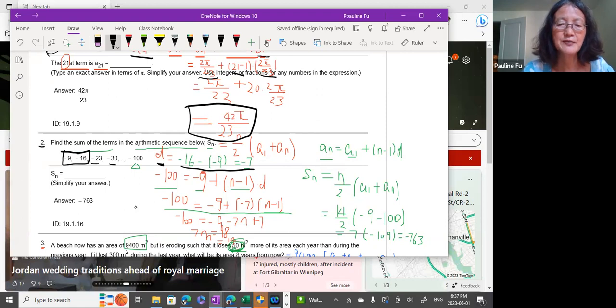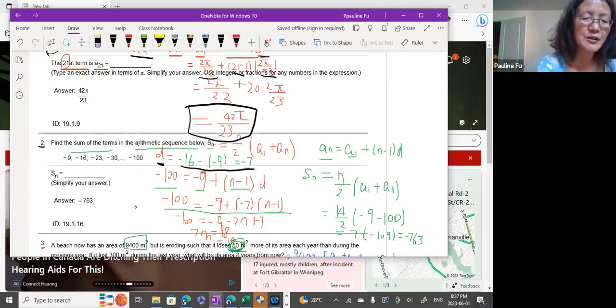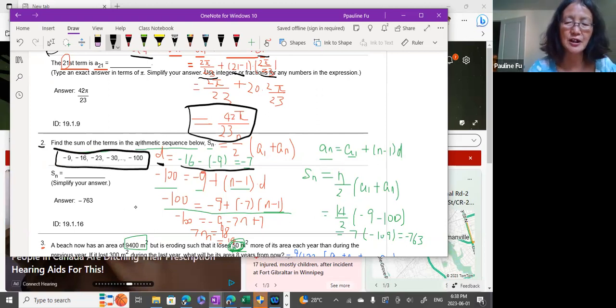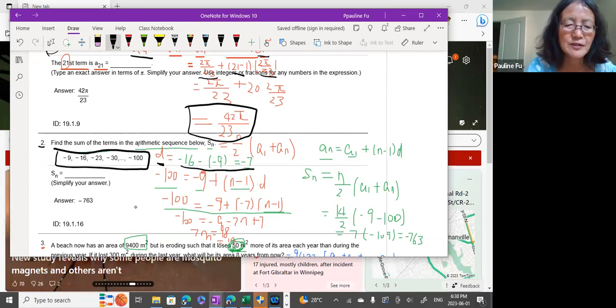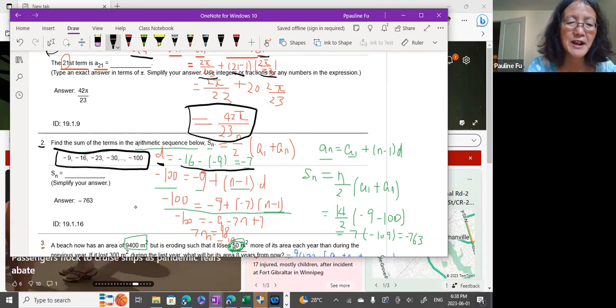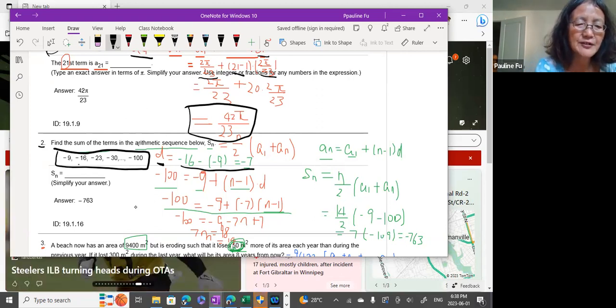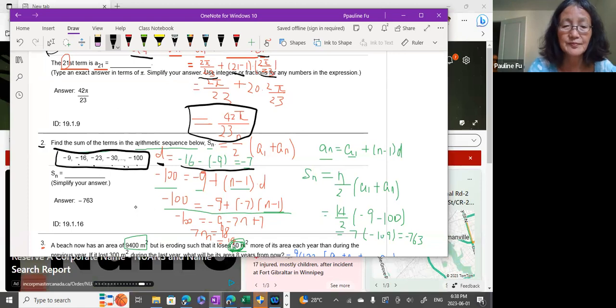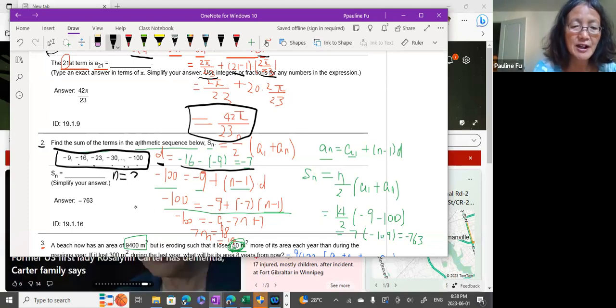Once you identify d, next, how do you know how many items are in this series, from negative 9, negative 16, negative 23, negative 30 until negative 100? In other words, what is n?